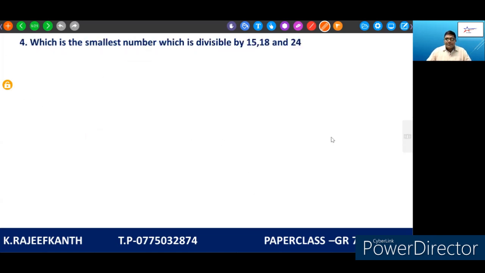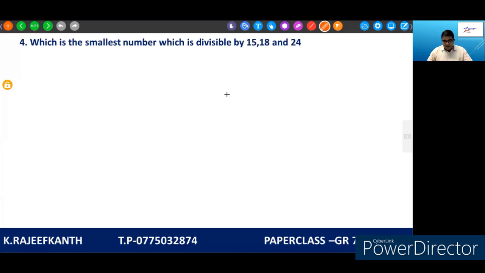Then question number 4. Which is the smallest number which is divisible by 15, 18 and 24?